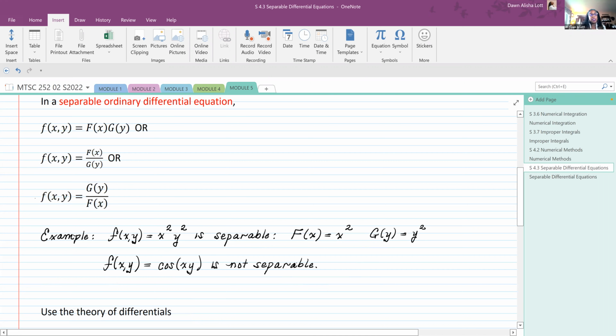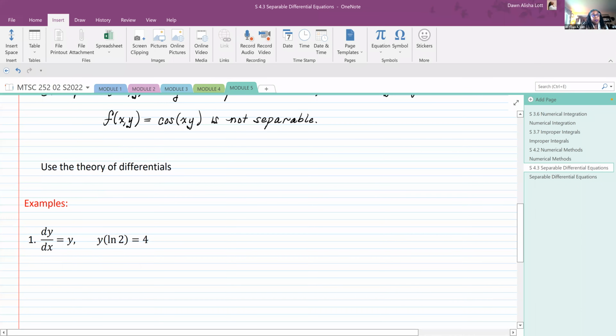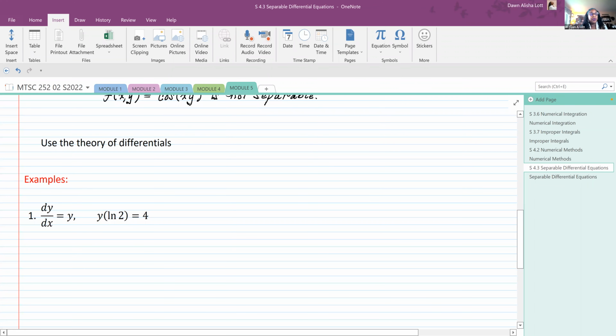So I cannot split it. Okay, so we are going to use the theory of differentials. And in the theory of differentials, we're going to split this differential equation based on dy and dx, and then solve for the y function and solve for the x function.